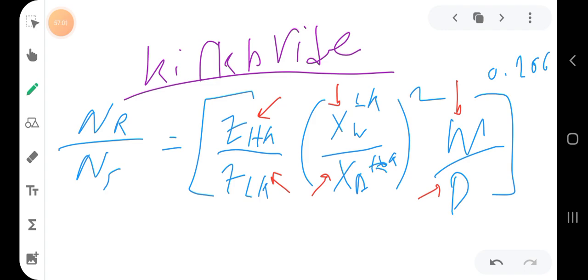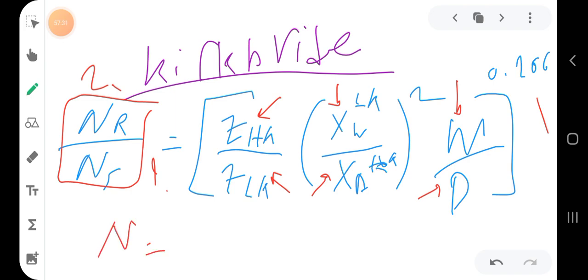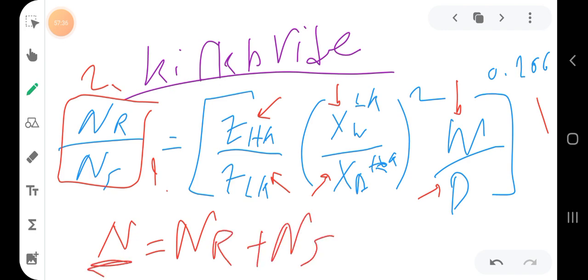But the question here is, this is only one equation, and we have two unknowns, NR and NS. So how can we get the values of these two unknowns using one equation? In other words, we need help from another equation. The second equation will be N equals NR plus NS: the total number of stages in the whole column is equal to the number of stages in the rectification section plus the number of stages in the stripping section.